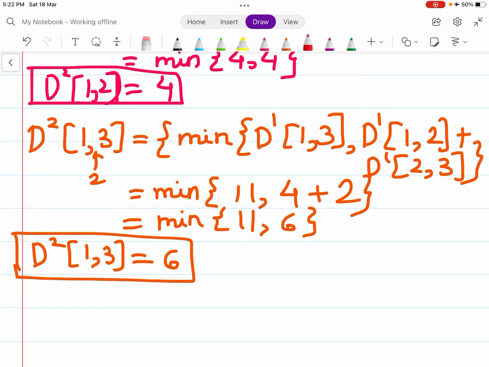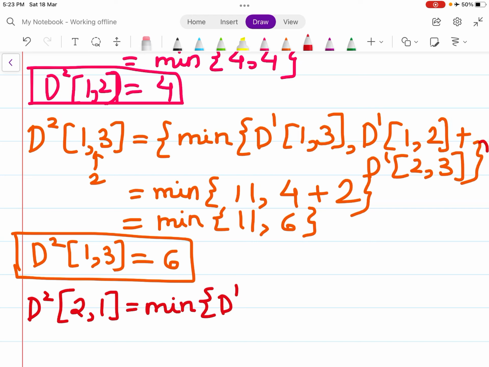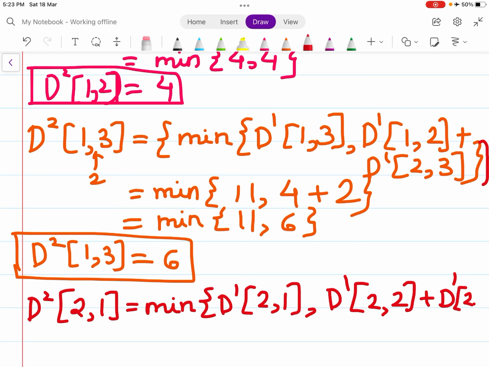After 1,3, we'll have d2 of 2,1. It will be the minimum of d1 of 2,1 and d1 of 2,2 plus d1 of 2,1, so between 2 and 1 you have 2.